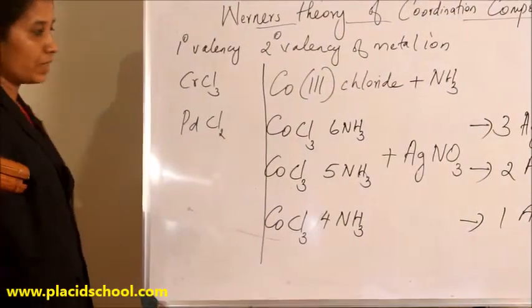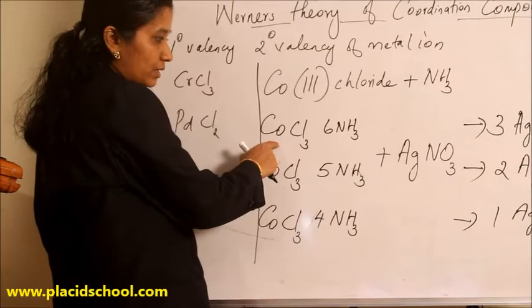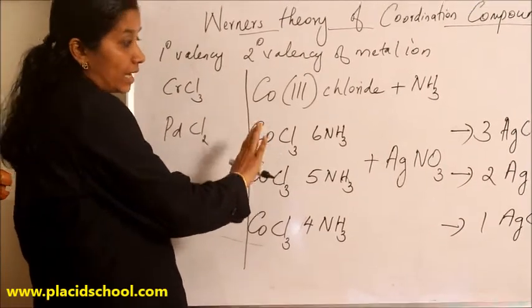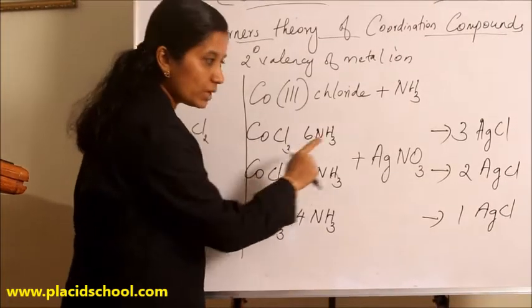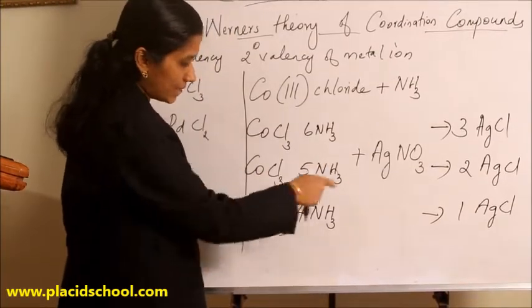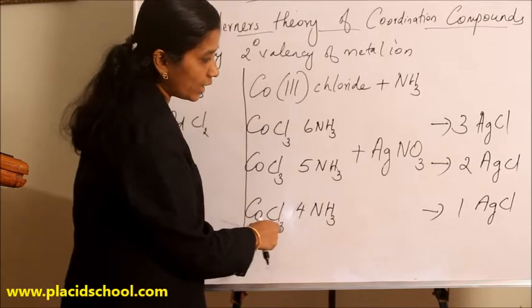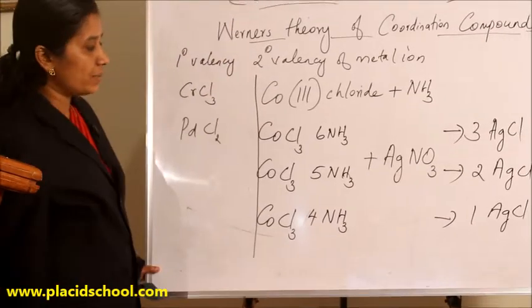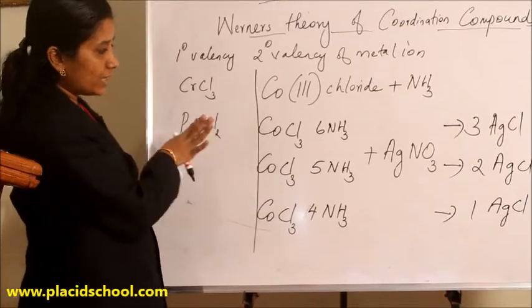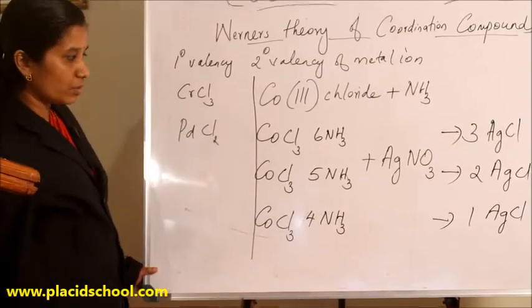That means in the first compound all 3 chloride ions are ionizable, in the second only 2 chloride ions are ionizable, and in the third only 1 chloride ion is ionizable. From this experiment he developed a structure for these coordination compounds.